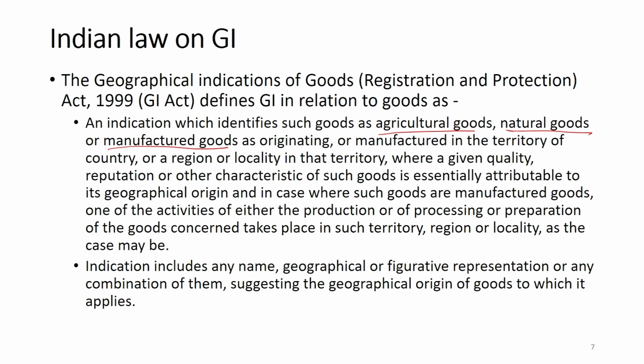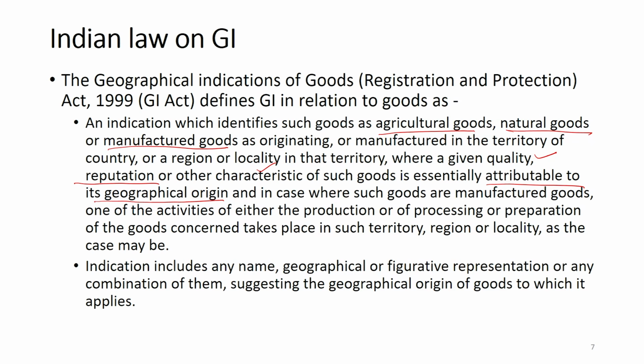So, when we talk about GI with respect to goods, we mean 3 kinds of goods: agricultural goods, natural goods, manufactured goods, as originating or manufactured in the territory of a country or a region or locality in that territory, where a given quality, reputation, you see we have adopted the definition from TRIPS agreement, where a given quality, reputation or other characteristics of such goods is essentially attributable to its geographical origin.